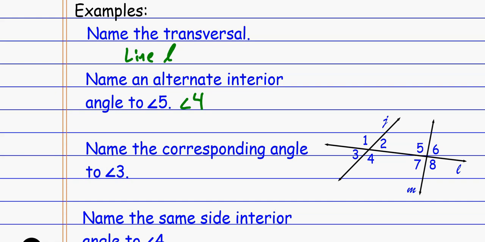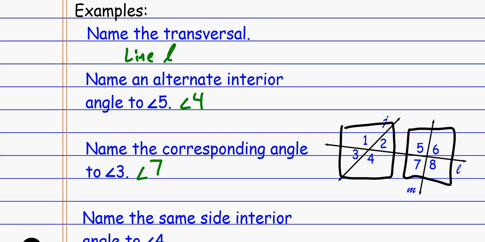So that's the one that's in the same spot. So again, we're taking a snapshot. Here's a snapshot of this. Here's a snapshot of this. Angle 3 is the one that's kind of down and to the left. So when I look at the other group, the one that's down and to the left is angle 7. So again, corresponding just means they're in the same spot.